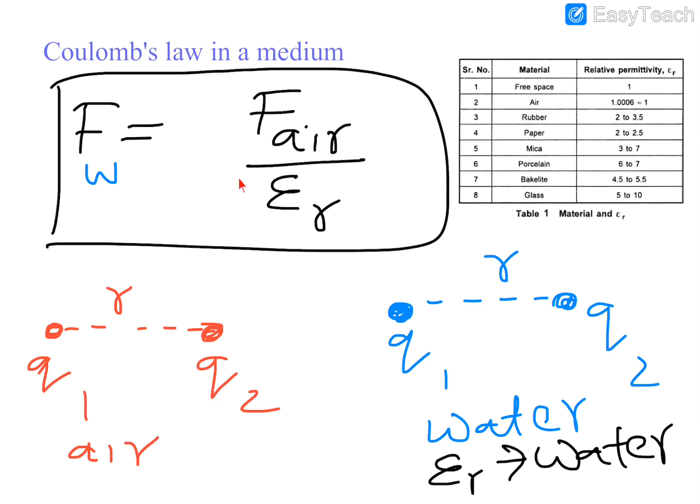That means a number divided by a number more than 1, so this value will be less than this value. So the force between two charged particles when they are placed in air will be greater than the force between the same two charged particles at the same distance when they are placed in water.